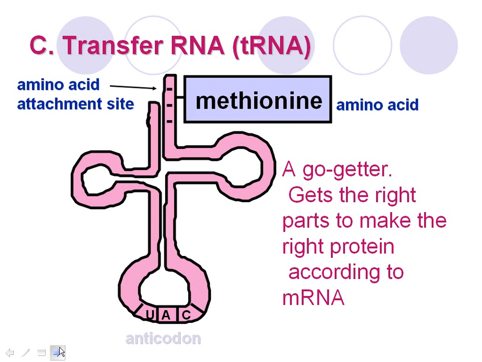Remember we said AUG was the start codon, and this is the tRNA, which is going to be the initiator tRNA, which is going to get this process of translation started at the ribosome.